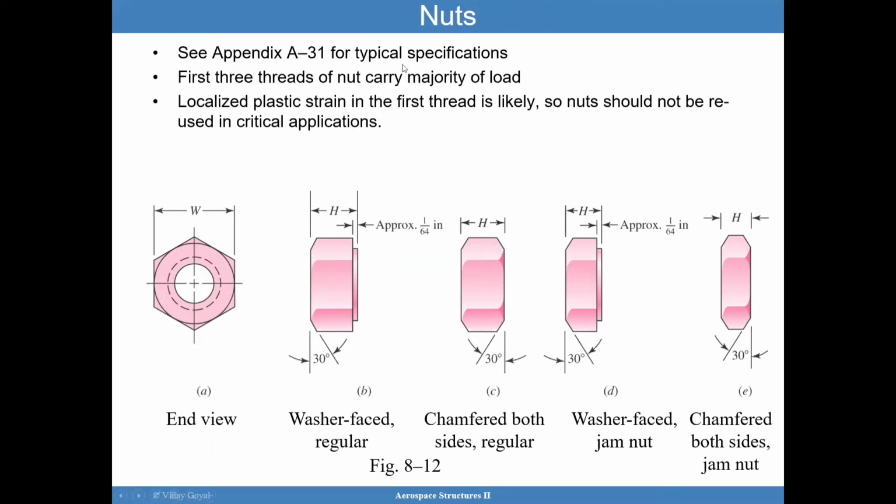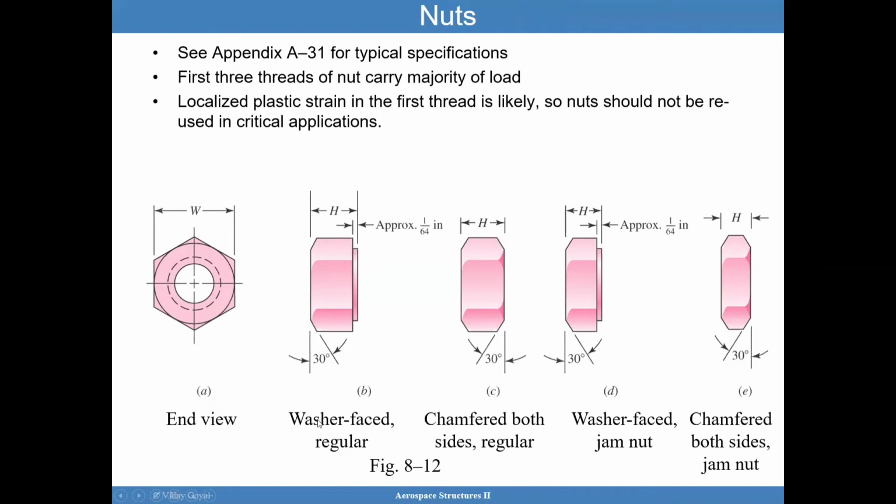The first three threads of the nut carry the majority of the load. We discussed that already. Localized plastic strain in the first thread is likely, so you should not be using nuts and reusing them, because if you do so, then the other threads that are not plastically deformed will have to take all that load, and then slowly you may not have a very effective nut.